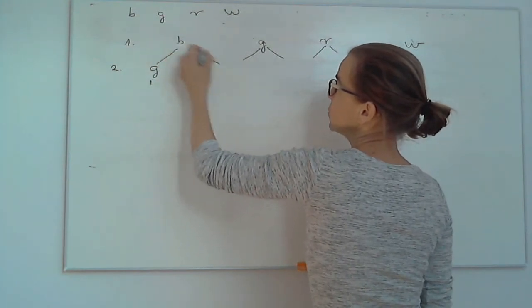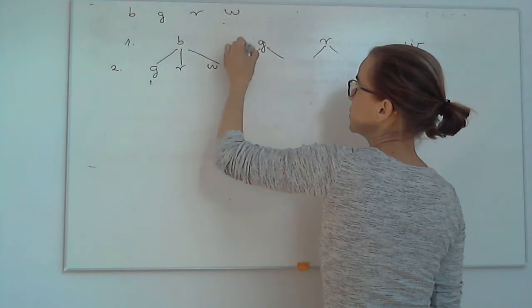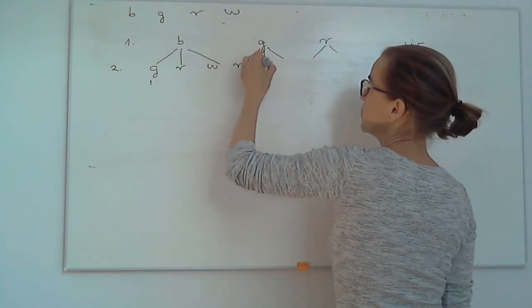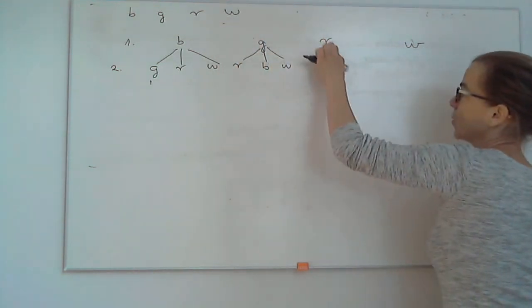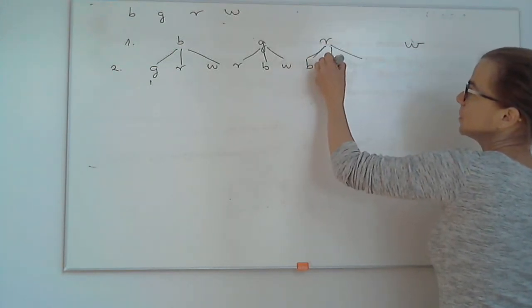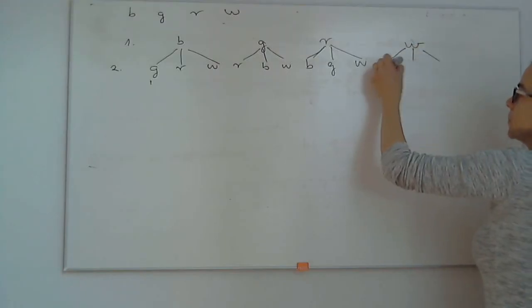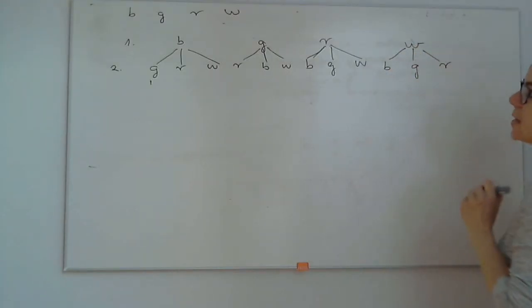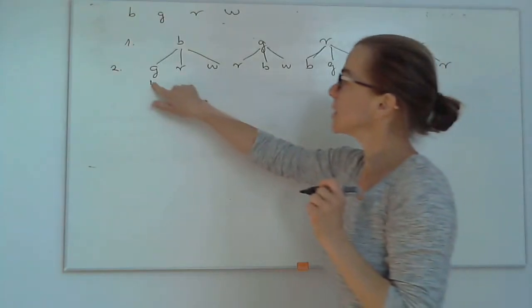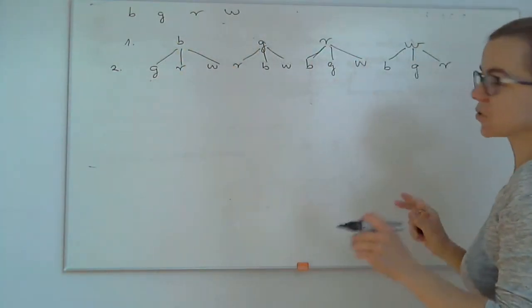So that's going to be, in this case, green, red, white. Here, red, blue, white. I hope I will have enough space. Here, blue, green, white. And the last one, blue, green, red. Okay, so again, it's nicely seen that these 4, each of them, branch into 3 branches.